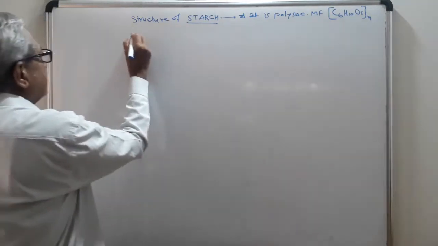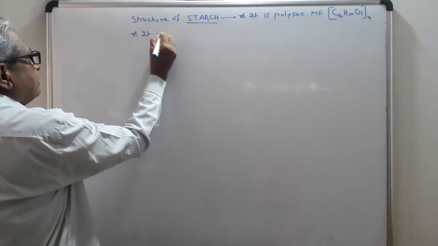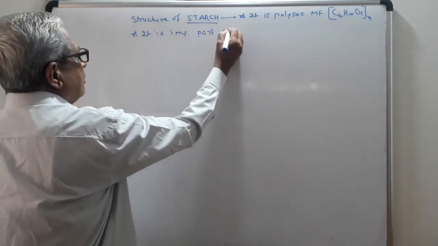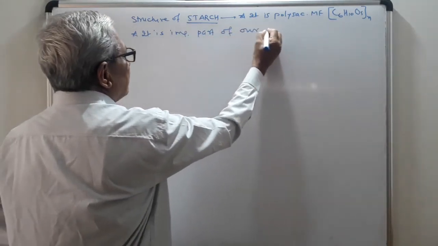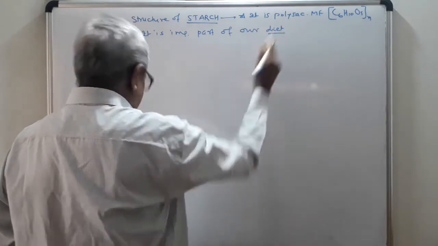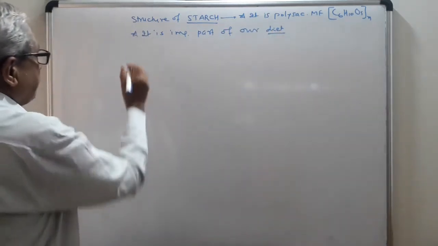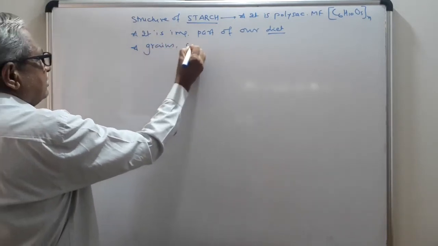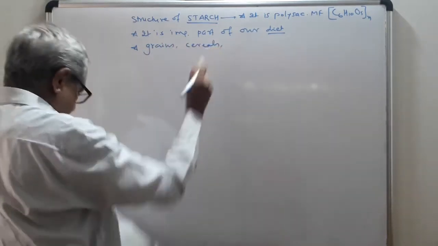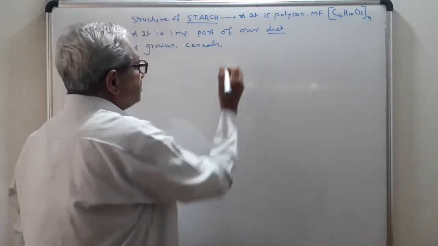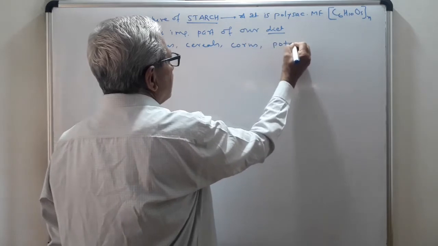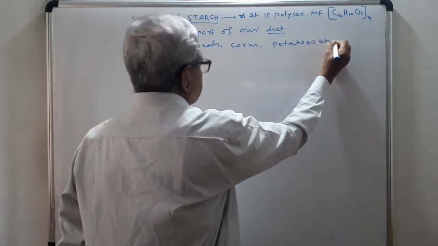Second important point: it is an important part or constituent of our diet. It is found in grains, cereals, corn and potatoes, etc.